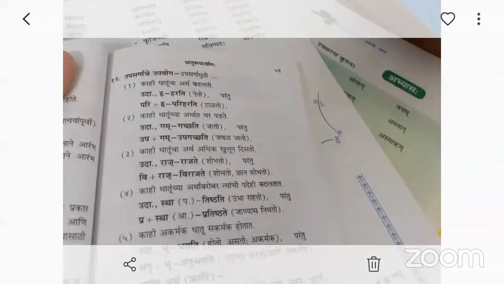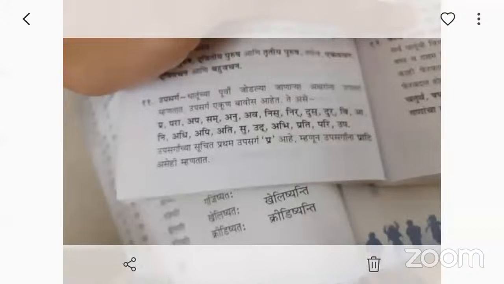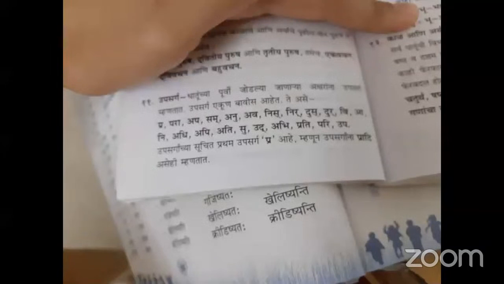One second. Now take the screenshot of this. This is taken from that Shabda Dhatu Rupavali. Okay. So this book is very important. If you get the book in your area, then it will be very better for you.